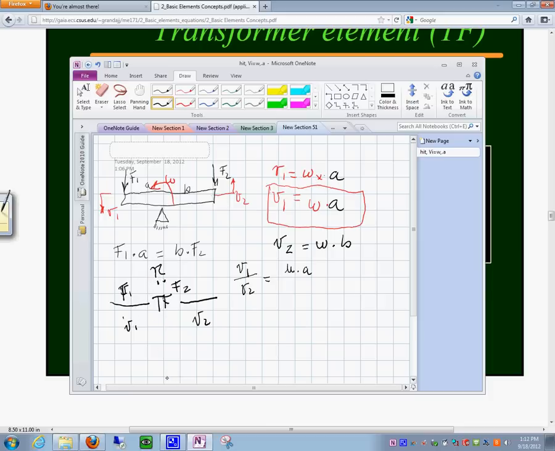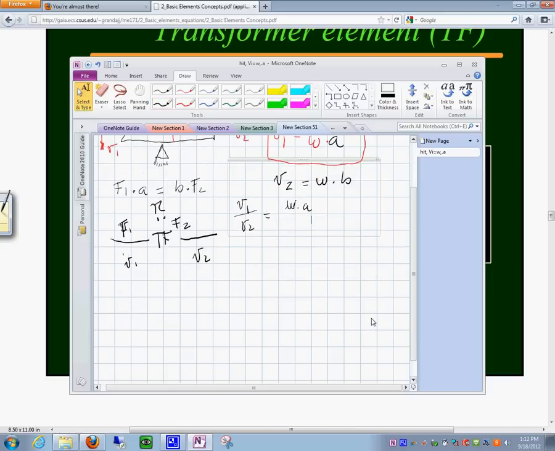Because you have that v1 over v2 is equal to f2 over f1.